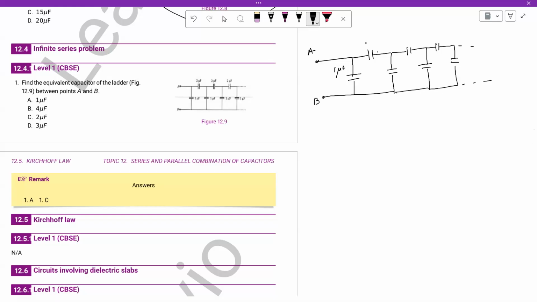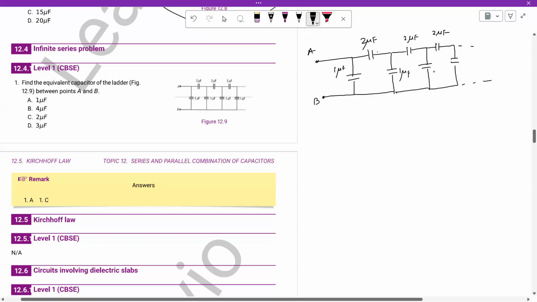If you look at this thing, what is repeating always? The 1 microfarad and the 2, 1. Absolutely, correct. So this thing is always repeating.